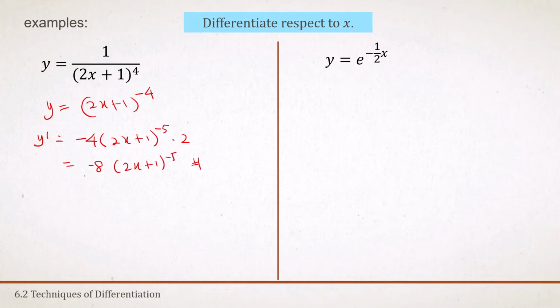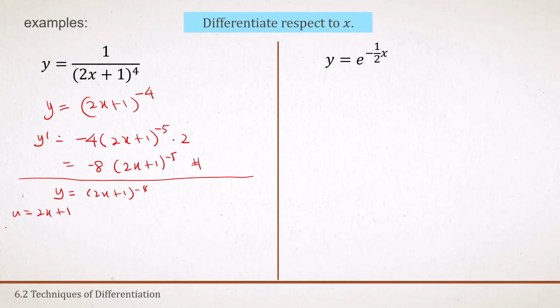Okay, so whoever loves to use the chain rule, you can always start from here, y equals (2x plus 1) negative 4. So you let your u equal 2x plus 1. u prime actually is 2. So y equals u negative 4. So dy/du equals negative 4 u negative 5.